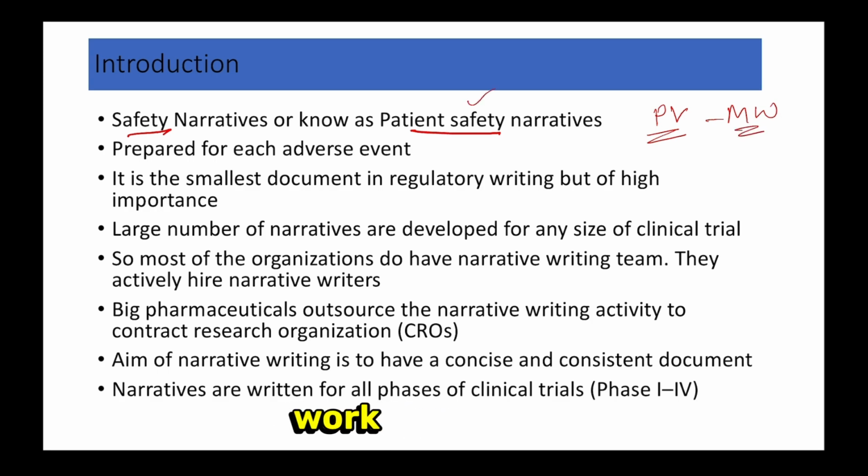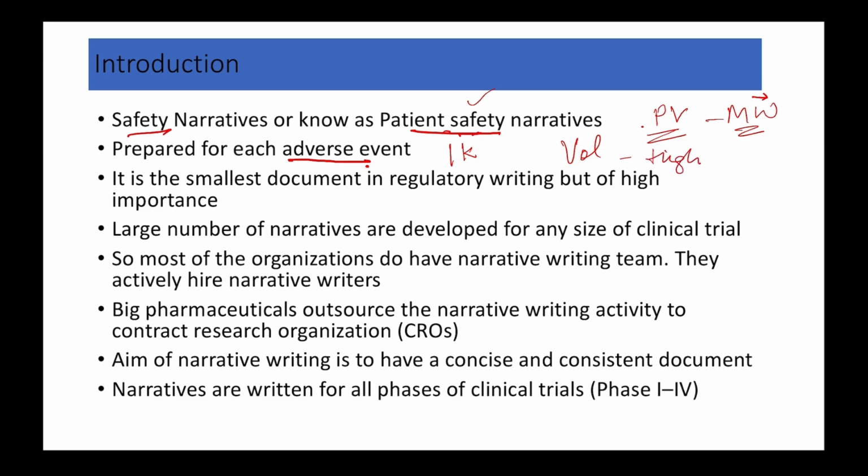Both the teams can work in a safety narrative. So suppose you are in PV and you have worked in a safety narrative, you can transition easily to medical writing or vice versa. It is prepared for each adverse event. Suppose 1000 events happened in one clinical trial, so you will be writing for all. That means the volume is high.